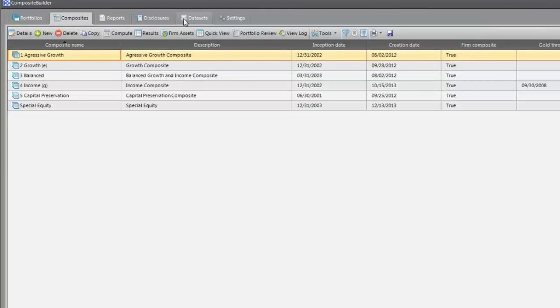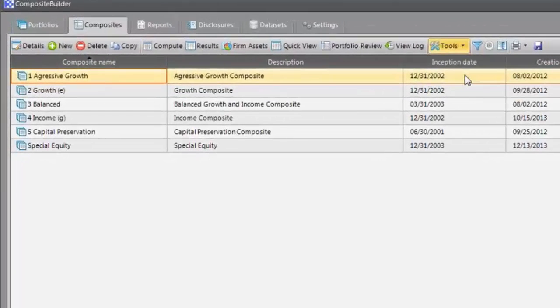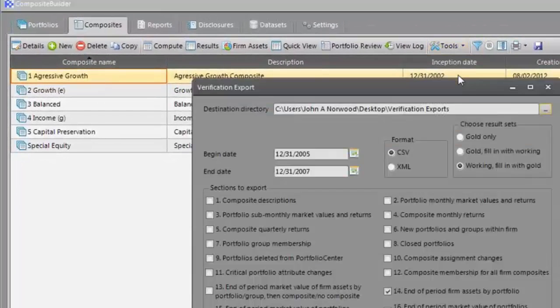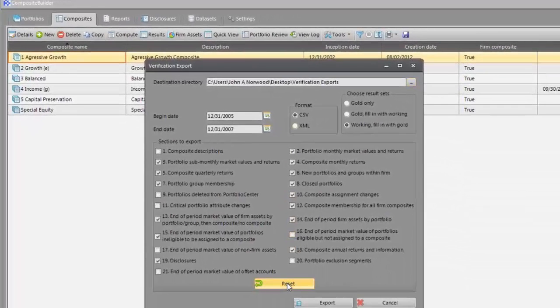So if you've got any questions about where a number is coming from, you can always go back and see. Now the other thing we do, which is a real problem for a lot of firms doing composites, is pulling together all the data that you need for a third-party verifier to do the verification on a quarterly or annual basis.